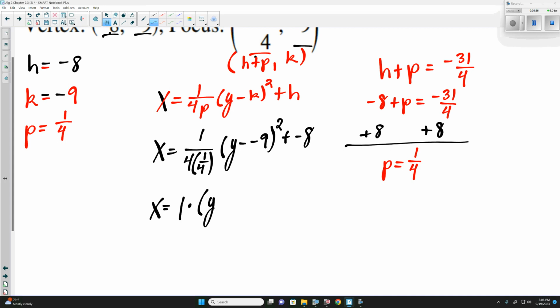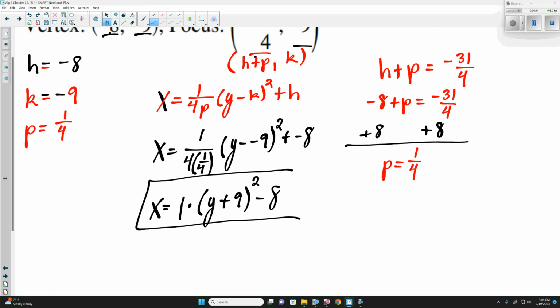Now our minus -9 is the same as plus 9, close parentheses squared. And our plus -8 is minus 8, and that's it. Now we don't necessarily need the 1. You can leave it if you want. 1 times our set of parentheses is just the same as the parentheses by themselves.